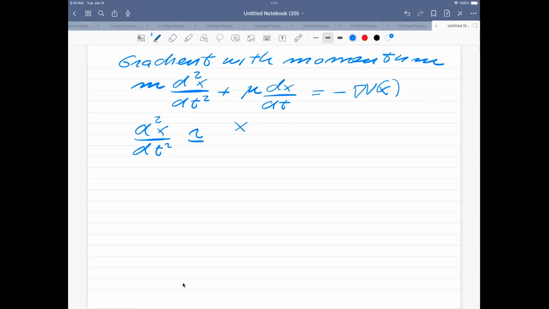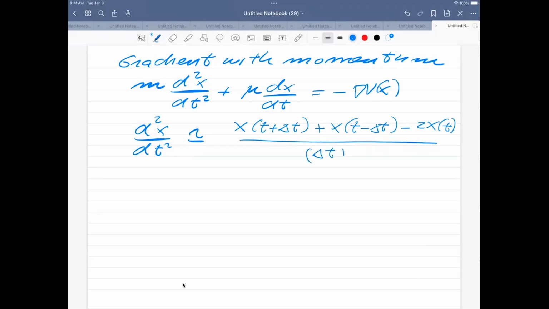second derivative. So this would be given by a(t), and this is probably a formula which you have seen many times. It's actually, again, 2 Taylor expansions minus 2 times x of t divided by the step delta t squared. And I'm going to rewrite this in a more compact way as x of t plus delta t plus x of t minus delta t minus 2x of t divided by delta t squared.